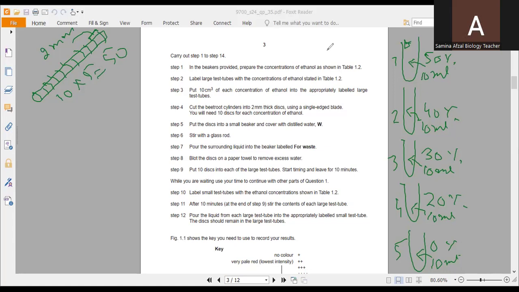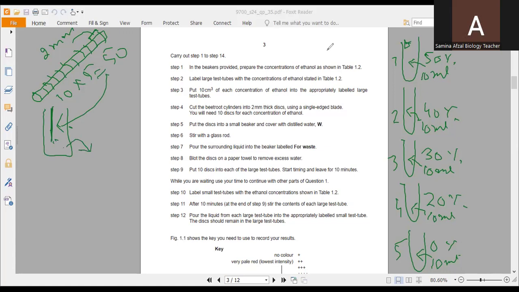Put the discs into a small beaker and cover with distilled water. As for example, you will add these 50 into this beaker with water, and then you will stir it with a glass rod. Pour the surrounding liquid into the beaker labeled for waste.